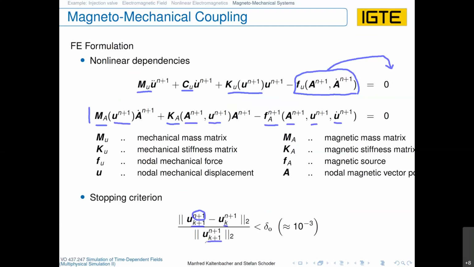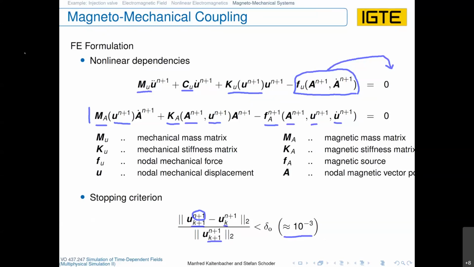And again, as we had for the stopping criterion, we also use here, since it is a relative norm, something like 10 to the power of minus 3, which is somehow 0.1%. You still have changes, but this is so small that we can say, okay, this is now a converged solution between the mechanical and the magnetic field, and we can go on to the next time step.